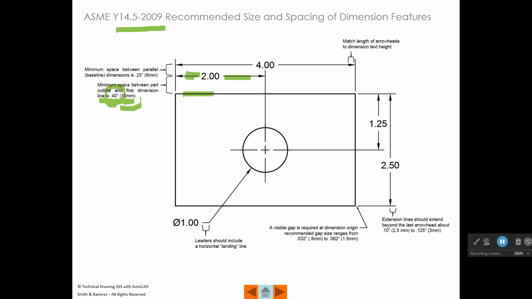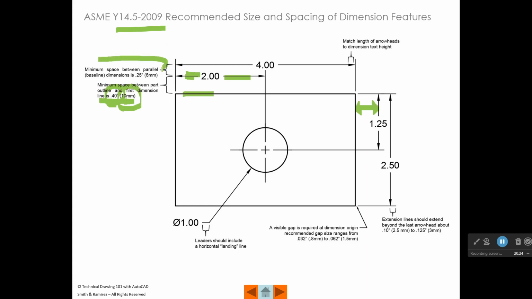If we're in a metric drawing, that would be the equivalent of 10 millimeters. So we need 0.40 for the first one, which means the distance from this edge to there also needs to be at least 0.40.